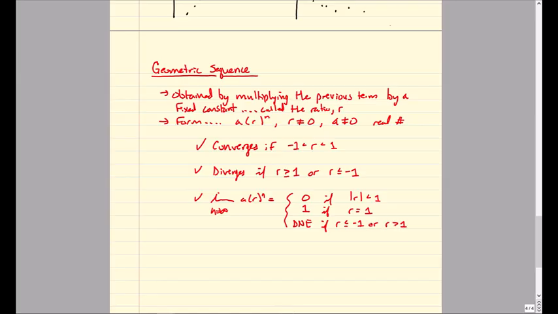A few other characteristics. If r is greater than 0, then the geometric sequence a times r to the n is a monotonic sequence.